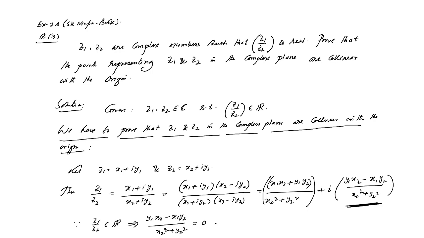From this you can write y1 x2 equals x1 y2, and also y2 by y1 equals x2 by x1. Let us take the ratio as k, say, and this k is not equal to 0 and 1. I will mark this with a star.